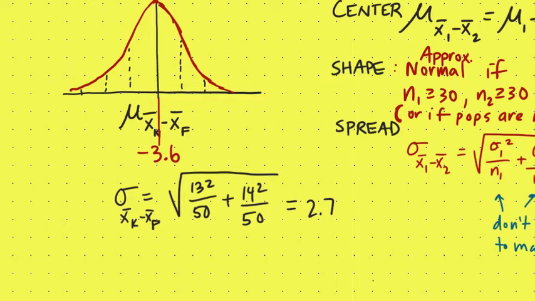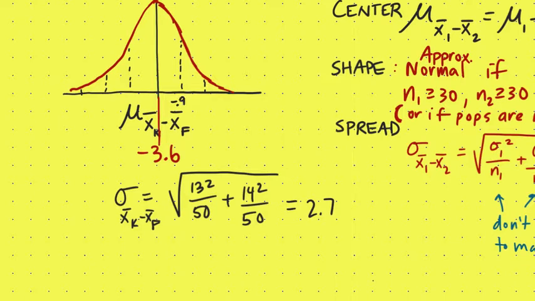So if I wanted to ask a question, what's the probability that the difference in these two ages would be whatever, then I will do, let's just say, what's the probability that you take a sample of 50 Kentuckians and 50 Floridians, and the Kentuckians are actually older. So that's that zero break-even point that we see a lot. So this curve is centered at negative 3.6. We're looking for 0. If we add 2.7 to negative 3.6, you get negative 0.9.